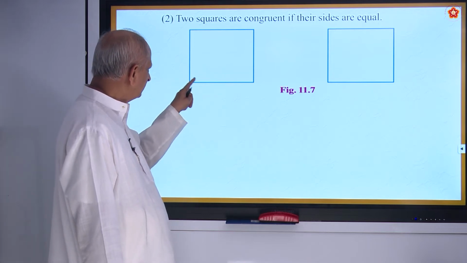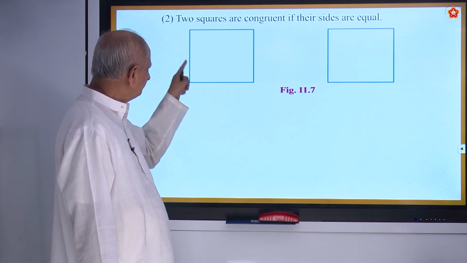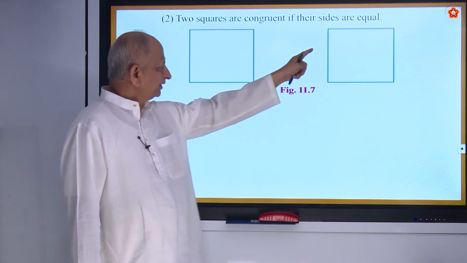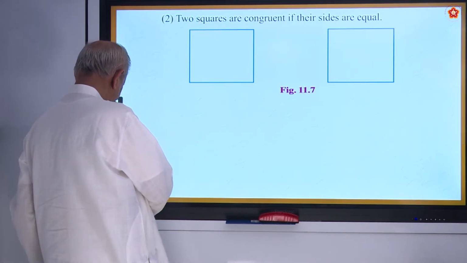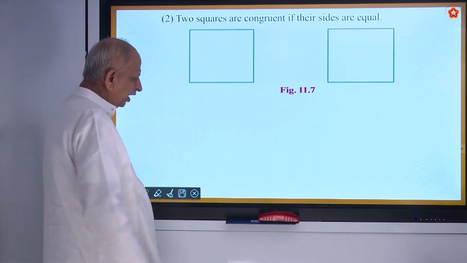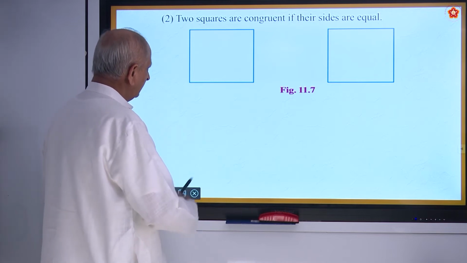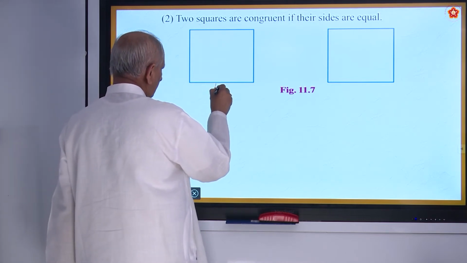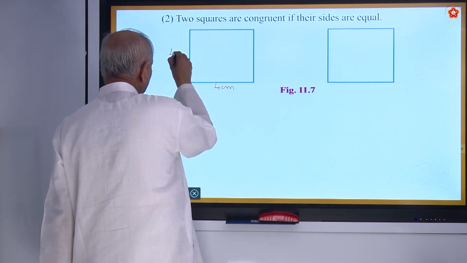Okay, and second one, two squares are congruent if their sides are equal. So length and breadth, say suppose it is 4 centimeters, here also 4, then here also 4 and 4. So they are called congruent squares. Let us suppose this length is 4 and breadth is 4.